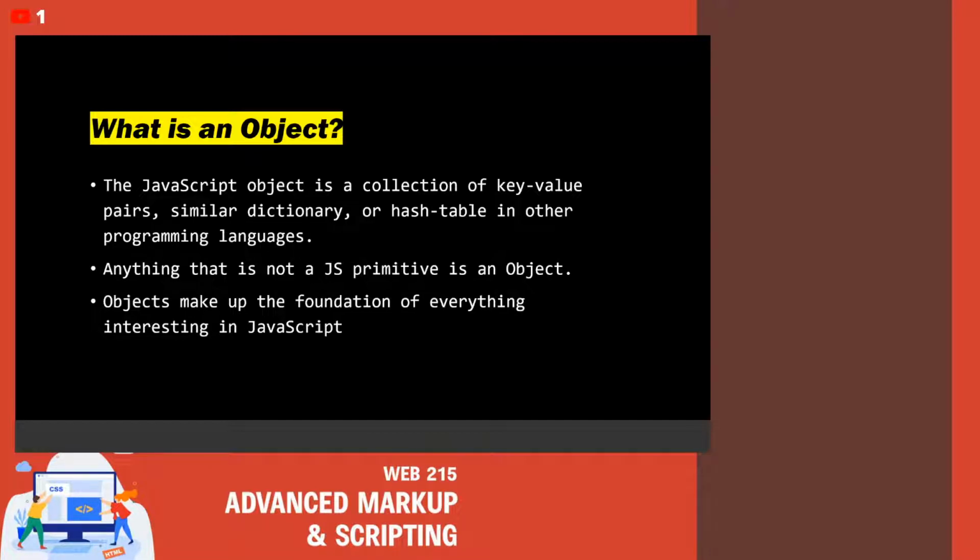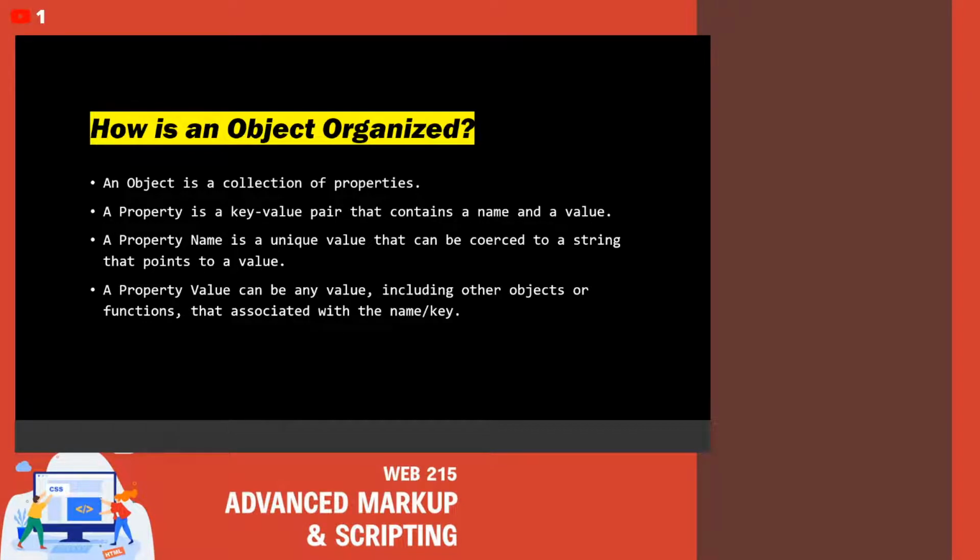And so even though we have these objects that are inside of JavaScript already, that we're already using, and we didn't even realize were objects, we can also make our own objects in an array. Now, when we think about making our own objects, one of the first things that we need to think about is how an object is organized. And so when we think about that, an object is a collection of properties.